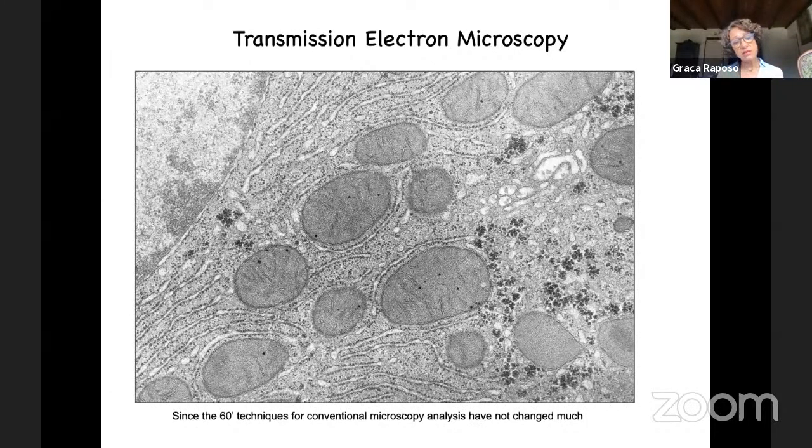It's true that now we are extremely careful in using these contrasting agents, because uranyl is derived from uranium. So of course we need to handle radioactive waste, even if the radioactivity is very, very little. And so there is a lot of effort now to try to use alternatives to this type of contrasting agents, which are not very good for our health.